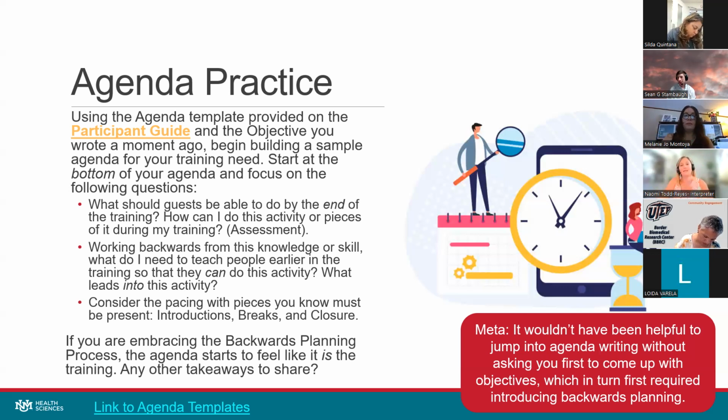Because again, that will become the outline for the whole rest of your training. And you can use it in your planning process to do things like make your slides or gather your materials or figure out what type of in-person space you might need if you're doing an in-person training. So the agenda is the logical next step once you have an objective and some idea of what you want your folks in your training to know and to do.